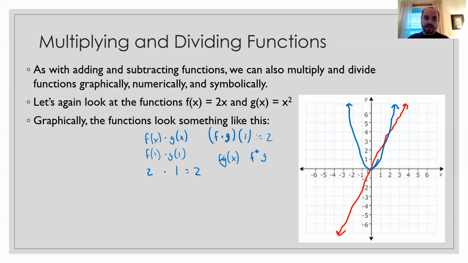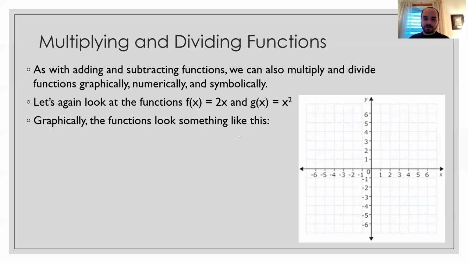We could also do dividing. We could do f divided by g. I'm going to erase the graph, but f divided by g of, let's say, 3, which wouldn't have been on my graph anyway. If we plug in 3 for f of x, it's going to be 6. g of x would be 3 squared. That's 9.